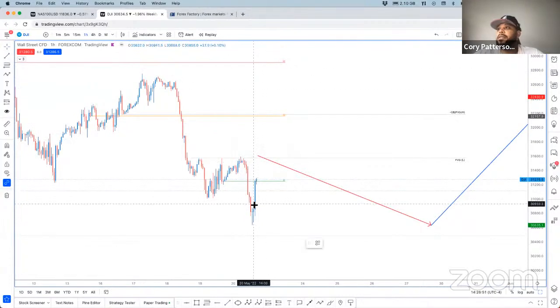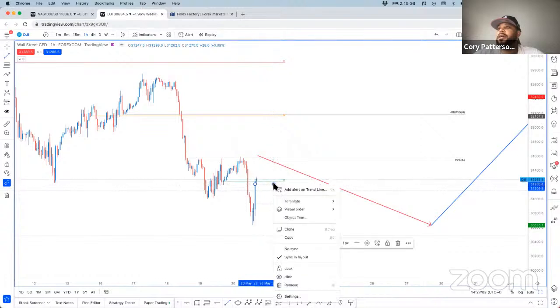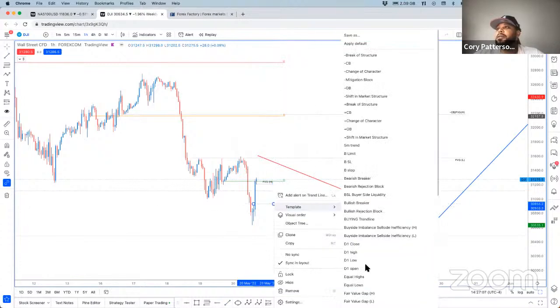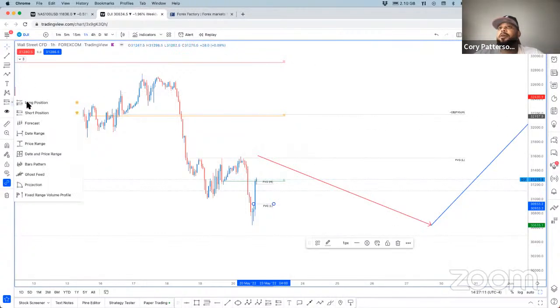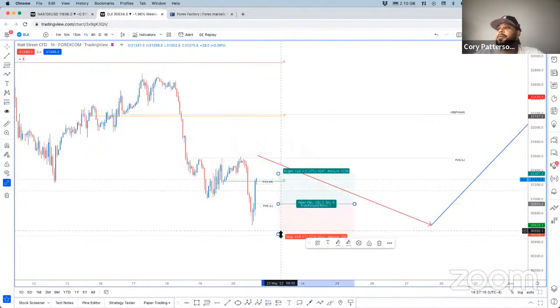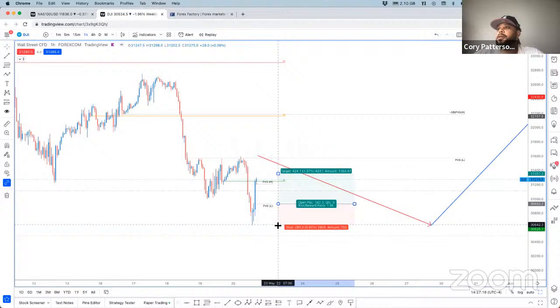Here's my imbalance right here. If we hold this area, there's a high, there's a low, just like we had before. Come to the middle, at least the middle.